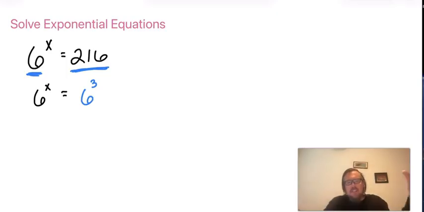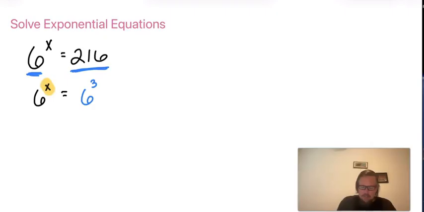Once you rewrite 216 as 6 cubed, this problem becomes comically easy. One side is 6 to some power, and the other side is 6 to the third power. Now, what could x possibly be so that these two sides were the same? What number would have to go there so that these two sides were equal?